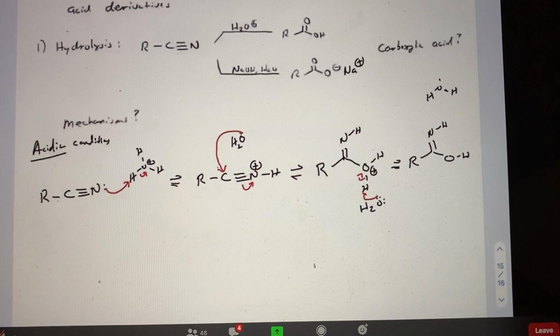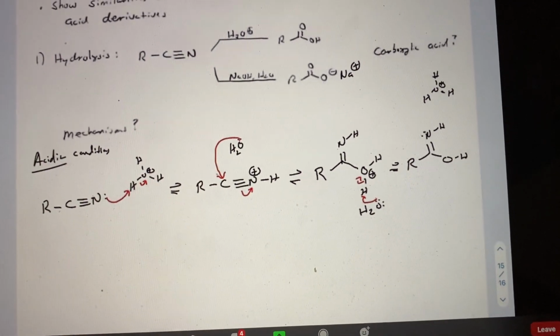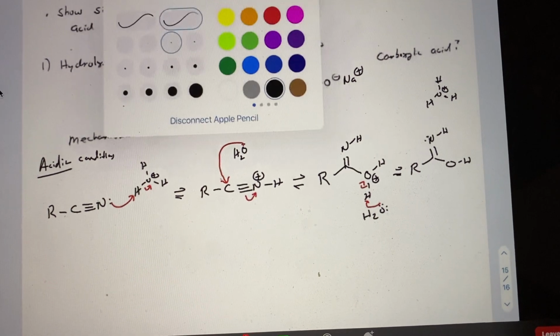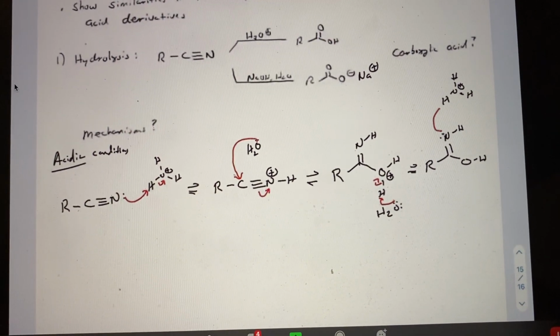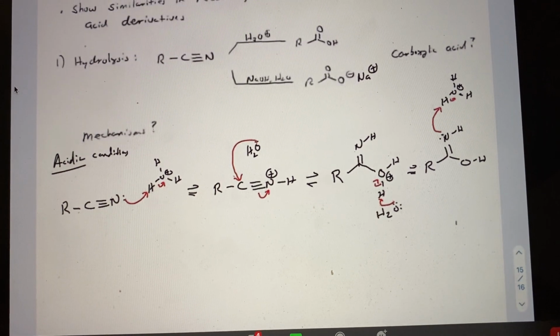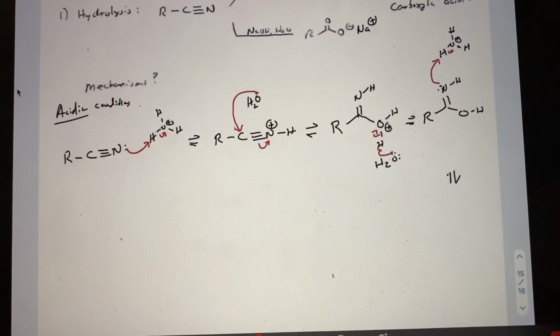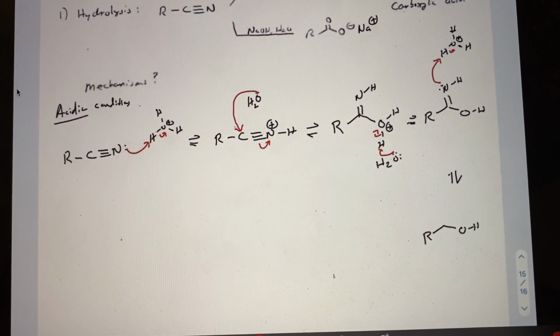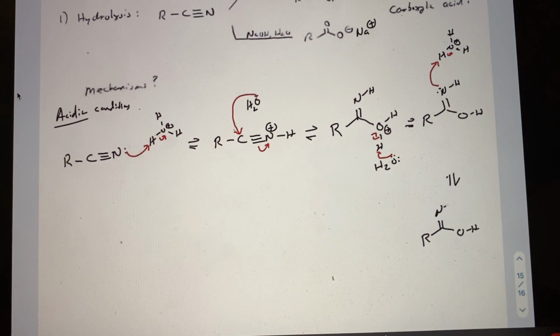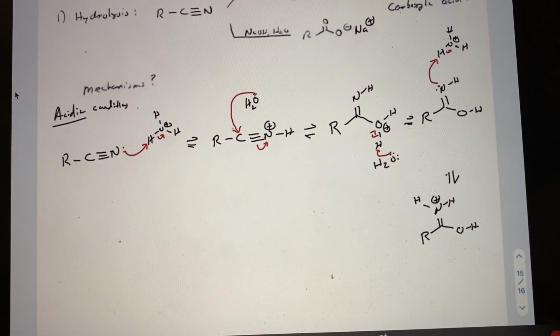Need to get rid of that nitrogen in some way. There's a lone pair of electrons on the nitrogen. So in the presence of our acid, it could get protonated. I'm going to slide this up a bit. Everything here is the same, except now we have a positive formal charge on this nitrogen.